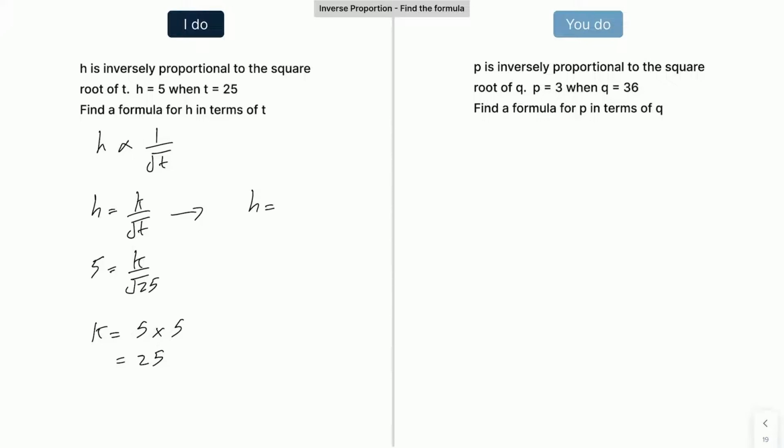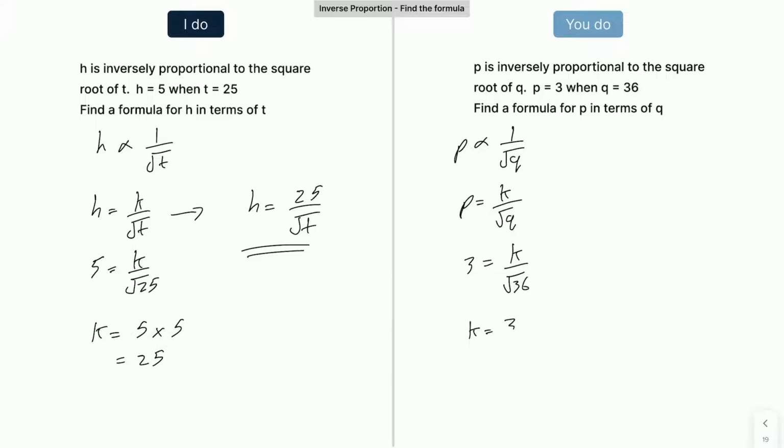And then the answer is going to be 25 over root T. And K is 3 times, and square root of 36 is 6, so that then becomes 18. Sub the K in there.